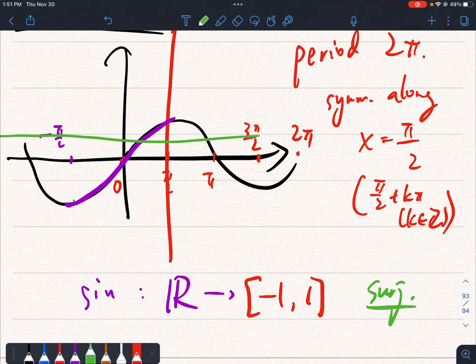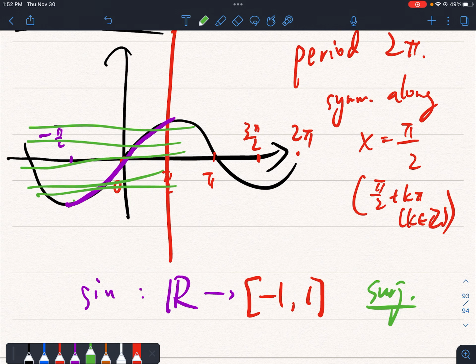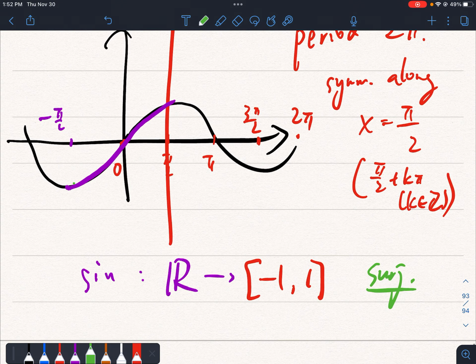Because on this interval, if you look at the graph, at any value from -1 to 1, let's look at 1/2, then it intersects with the purple curve at exactly 1 point, right? At this point, the value is exactly 1/2.